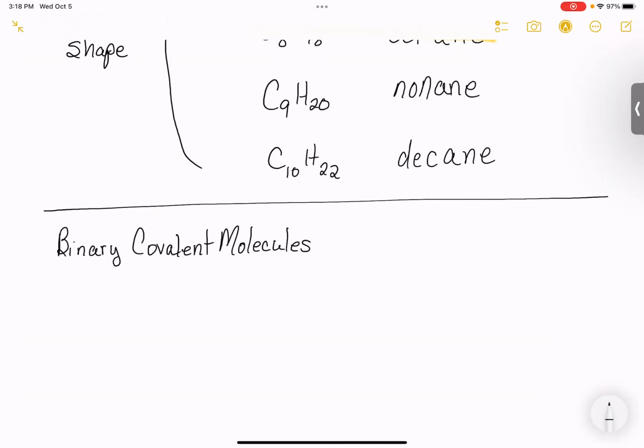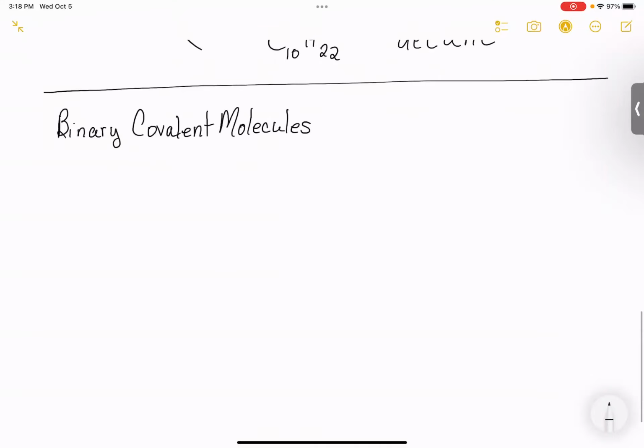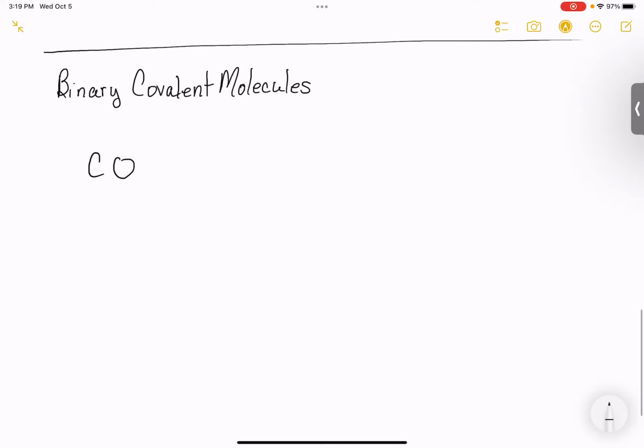Another example. Or set of examples. You can have carbon combined with one oxygen. We can have carbon combined with two oxygens. You can have hydrogen combined with one oxygen, or you can have hydrogen combined with two oxygens.